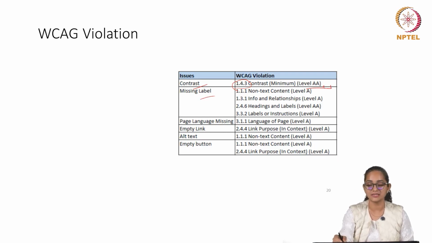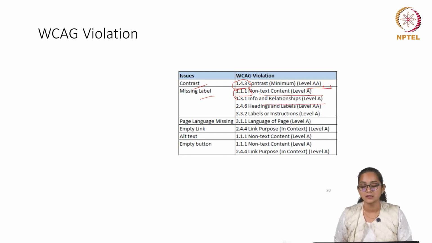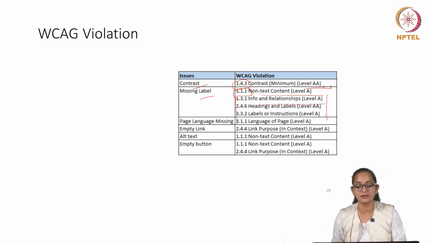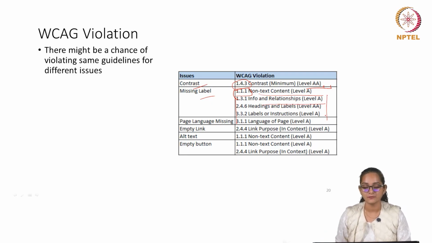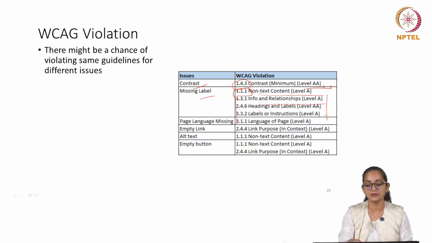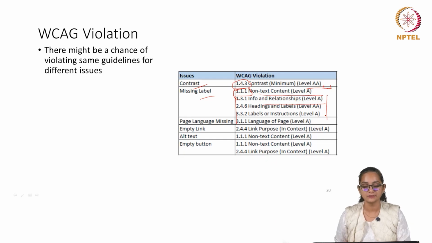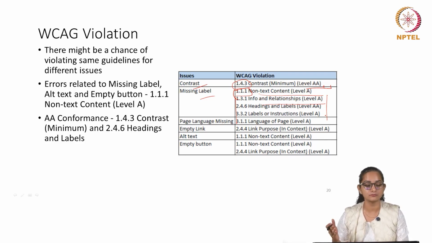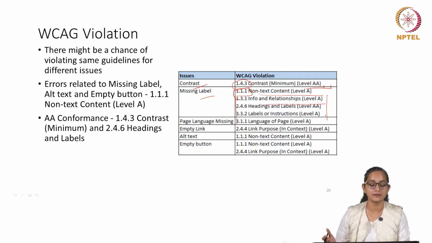Similarly, missing label is non-text content 1.1.1, which we discussed a lot in the previous class. Similarly, there are 2-3 more criteria related to it. Similarly, for all the others: alt text, empty button, empty link, link purpose is missing. So, errors related to missing label, alt text, empty button are 1.1.1 criteria, non-text content.